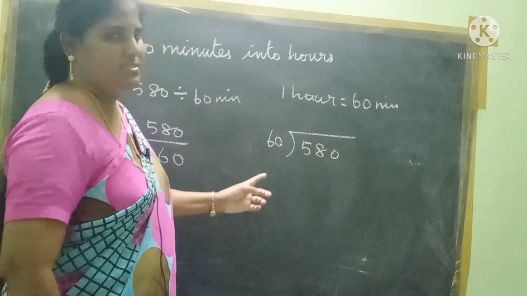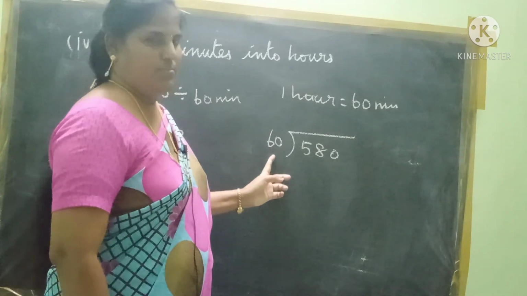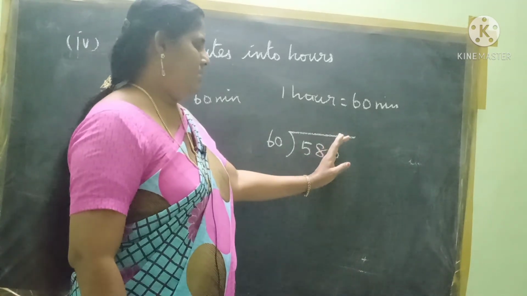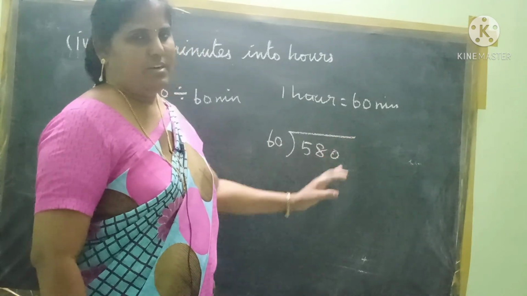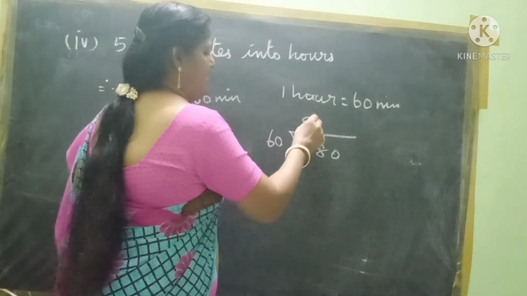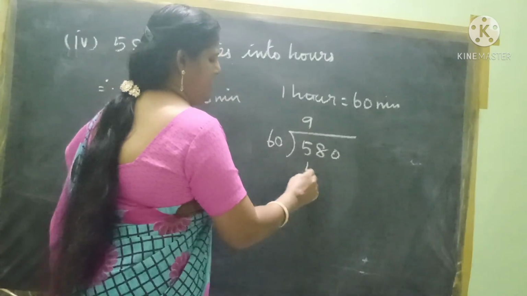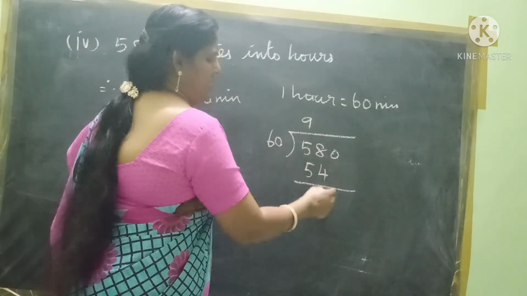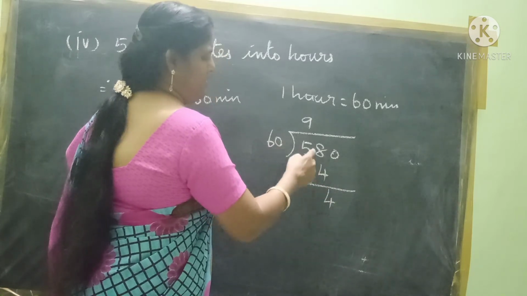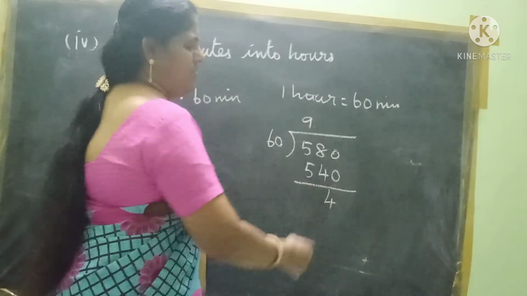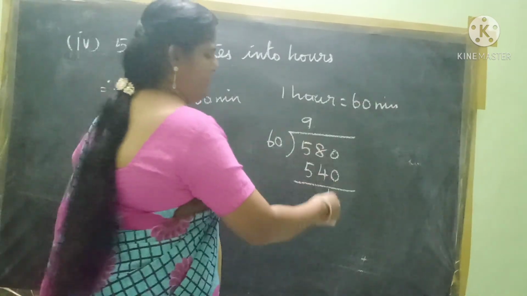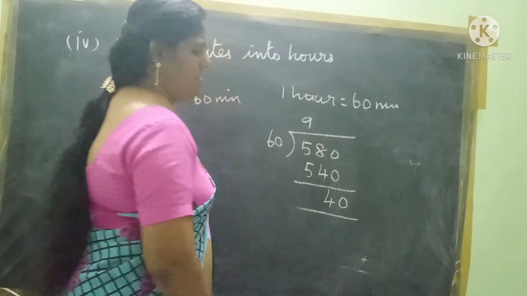You have to use the 6 table and add the 0. In the 6 table, how many 6s are in 58? Yes, 9 sixes are 54. Remainder 4. Then add 0. So 60 nines are 540. When you subtract the number, we get 40.